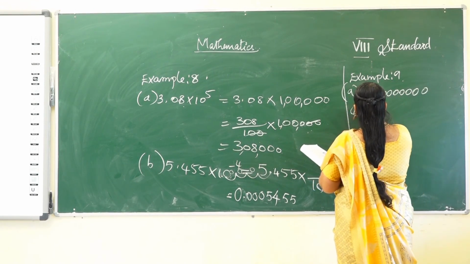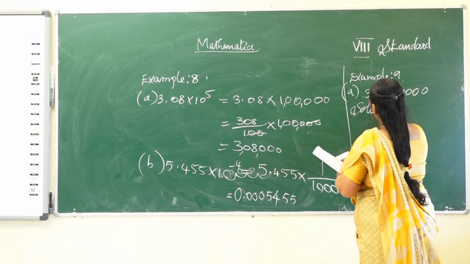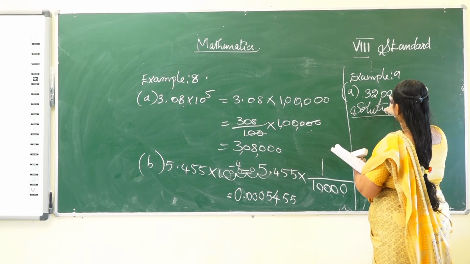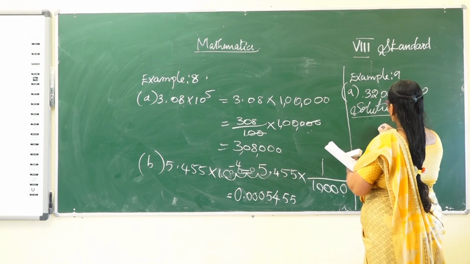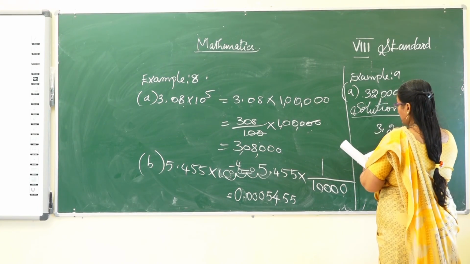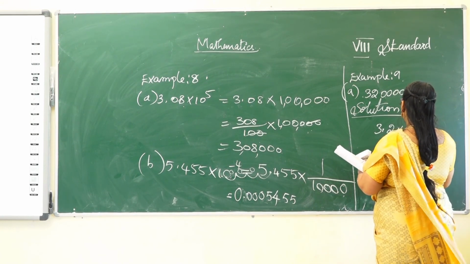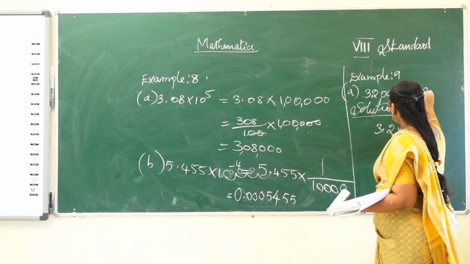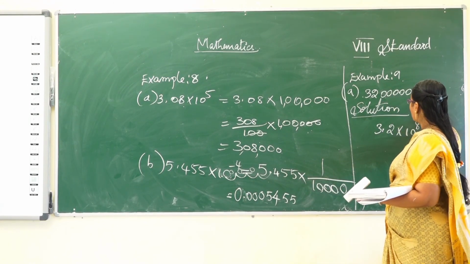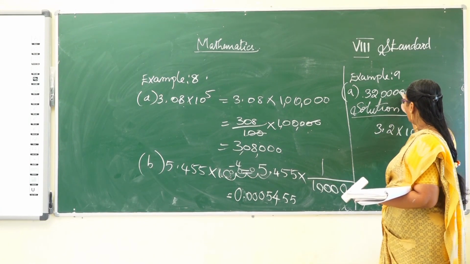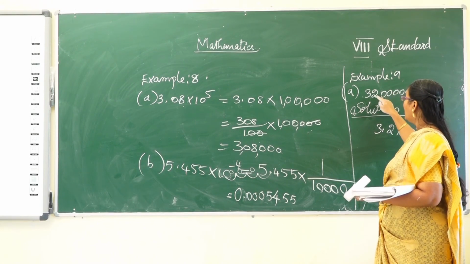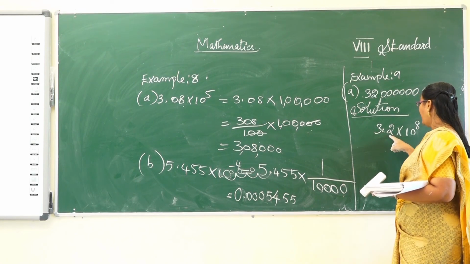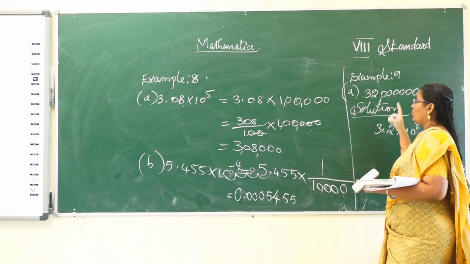It can be written by counting 1, 2, 3, 4, 5, 6, 7, and 1 is 8. So 3.2 into 10 power of 8. We can write it directly: start from 1, 2, 3, 4, 5, 6, 7, 8. The decimal point moves here. So 3.2 into 10 power 8 is the scientific notation for this one.